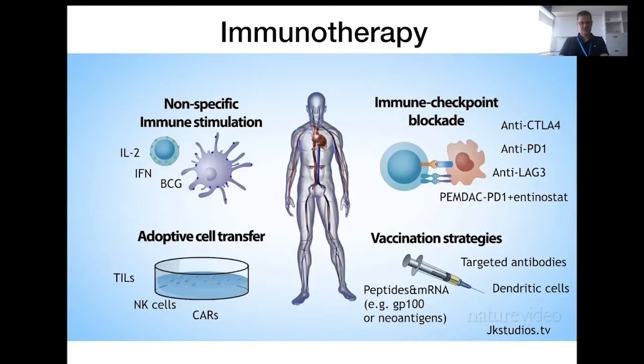So immunotherapy can of course be any type of methodology that enhances the immune activation against cancer. It can be non-specific immune stimulation via cytokines or bacteria, or it can be vaccination strategies.